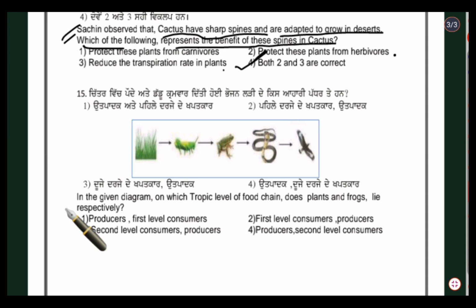Question number 15 is, in the given diagram, on which trophic level of food chain do plants and frogs lie respectively? So in the food chain, plants, they create food through photosynthesis, we all know. While frogs, they are second level consumers, they eat insects which are primary consumers, and this shows the flow of energy from producer to the higher levels in the food chain.